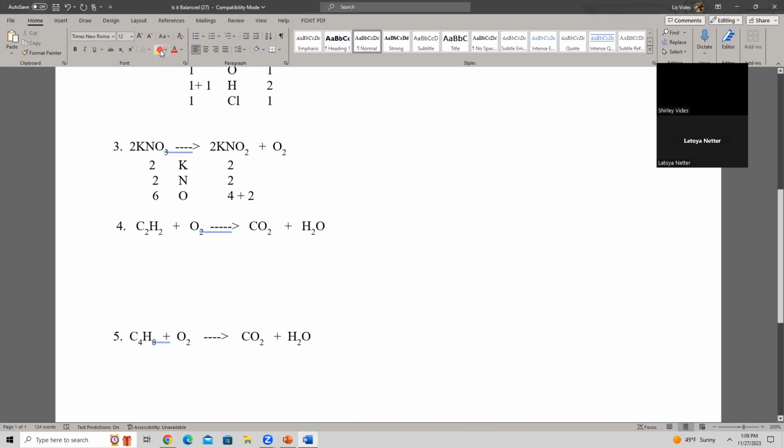So what you need to do with a combustion reaction is pre-check. I'm going to pre-check this number right here, just the hydrogen. When you divide it by 2, it is an odd number, yes?